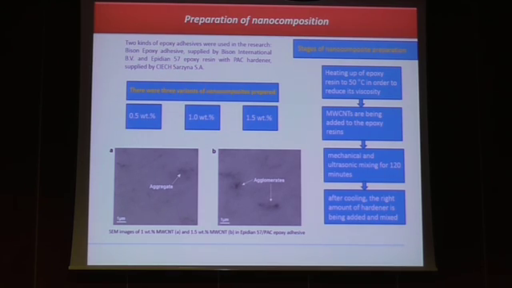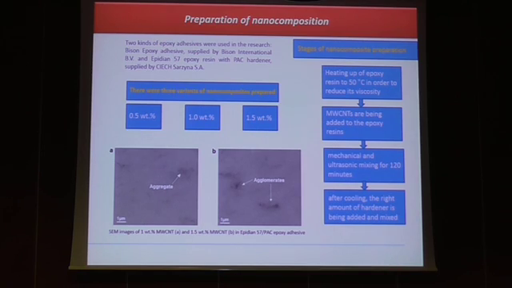Next, mechanical and ultrasonic mixing of the resin was carried out, and after cooling, the right amount of hardener was added. We prepared 3 different variants of nanocompositions with different contents of carbon nanotubes: 0.5, 1 and 1.5% by weight of carbon nanotubes in epoxy adhesive.